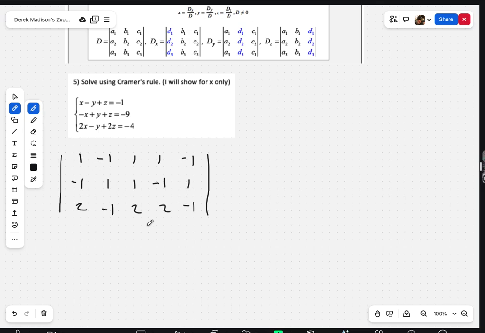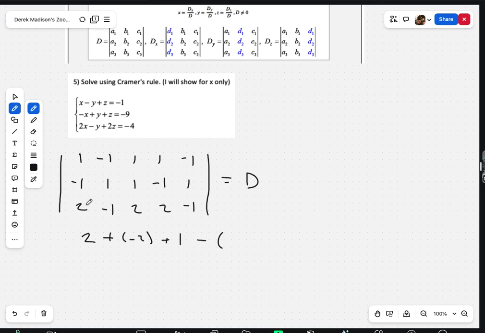And so then I'm going to multiply down these rows, and that's going to give us our first 3 that we add, and we'll multiply up the diagonals the other direction, and those are the ones that we end up subtracting. For this, we're solving for D. So 1 times 1 times 2 would be 2 plus -1, 1, and 2, so that would be a -2. And then 1, -1, -1, so 2 negatives would make that positive, so +1.